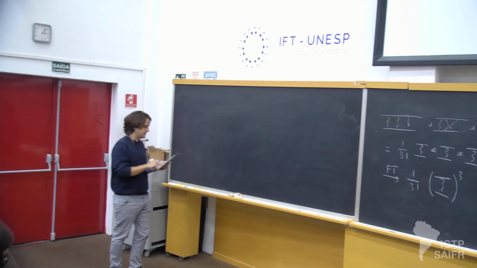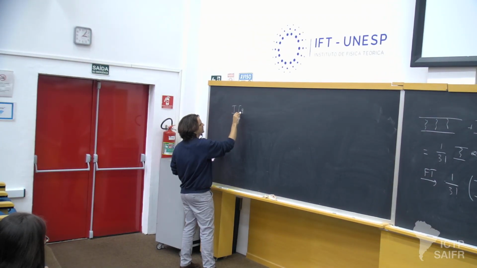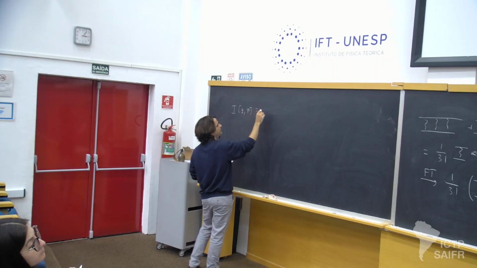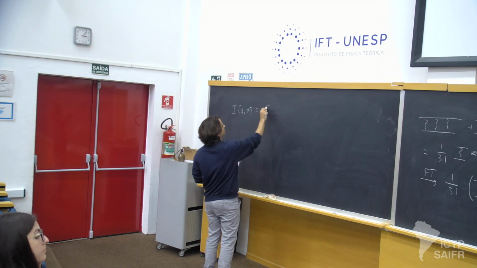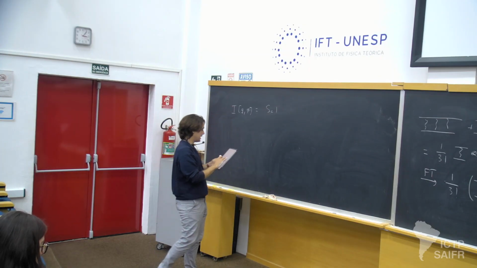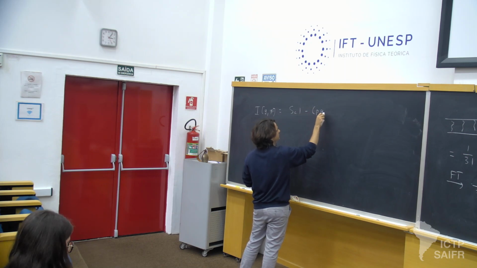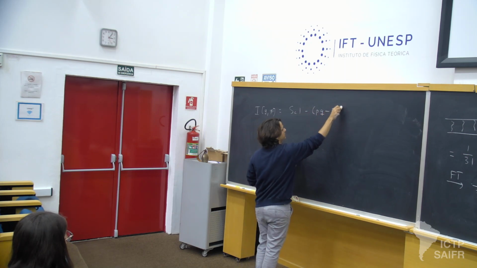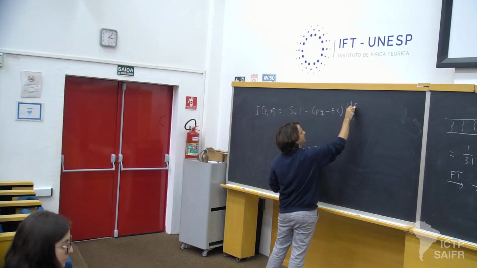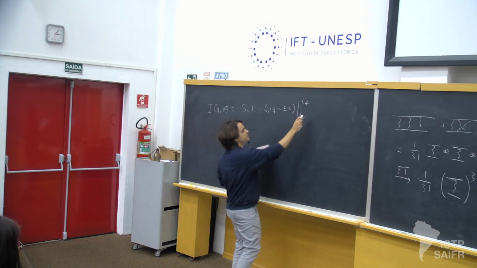So the actual classical action that I want will be this one, S classical, but then I will add the following: PQ minus ET evaluated at the initial and the final time, which then I will send to infinity.